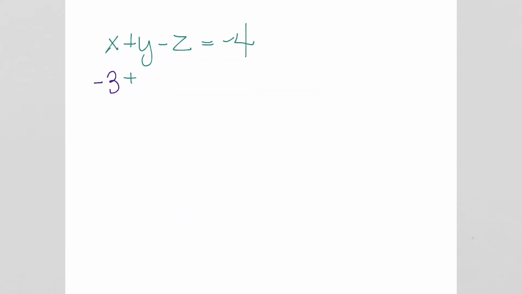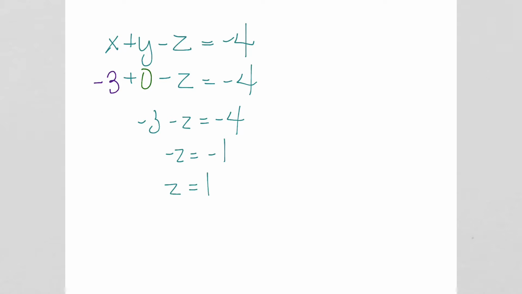Y is 0. And so now we can solve for z. Add 3 to both sides, and divide by -1, z is 1. So the solution to our system is the point -3, 0, and 1.